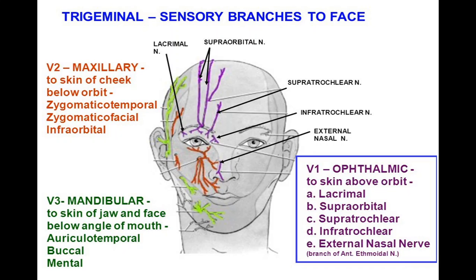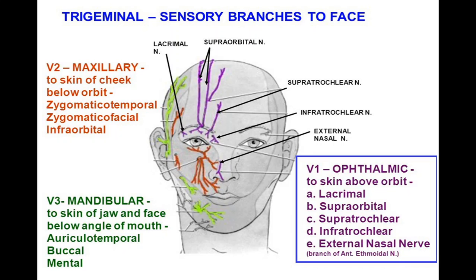You know the four muscles of mastication: the masseter, the temporalis, and the two pterygoids, the medial and lateral pterygoids. So these four plus four, totally eight muscles. What are the other four muscles? The tensor tympani, tensor veli palatini, the anterior belly of the digastric, and one more, the mylohyoid.